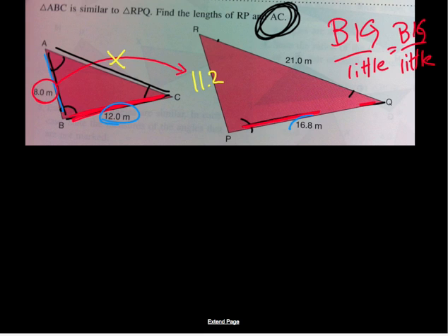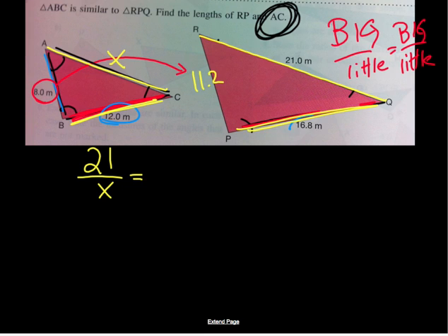I have to find a side that corresponds to X. Well, what corresponds to this side is this side. So I'm going to say big over little, 21 over X equals, I'm going to find the big side, and I can pick that and that. That would be fine. Or I can pick, now that I know this one, this one and this one. Either one would be fine because they're both corresponding. I'm going to stick to these two.